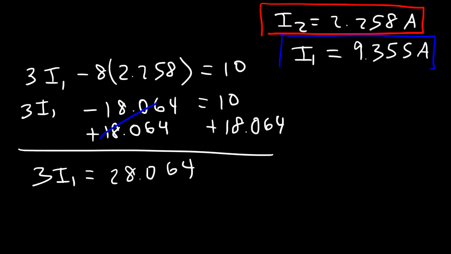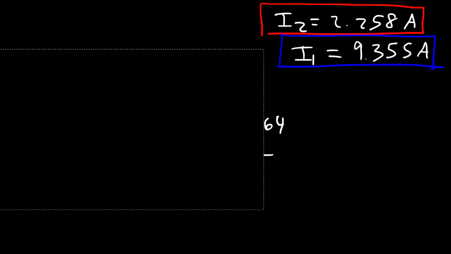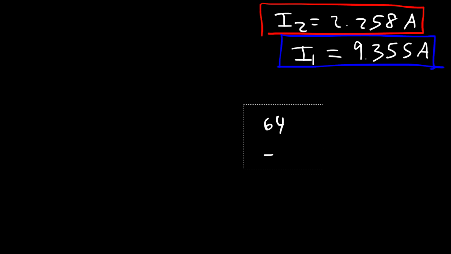So now that we have I1, let's calculate the potential everywhere along the circuit. So I'm going to redraw the circuit at this point. And let's see if these two answers make sense.